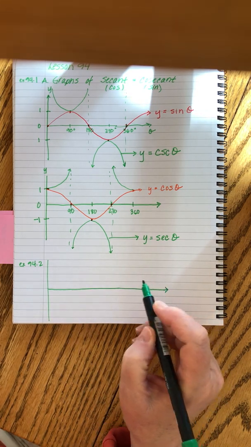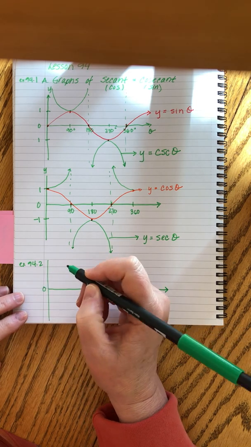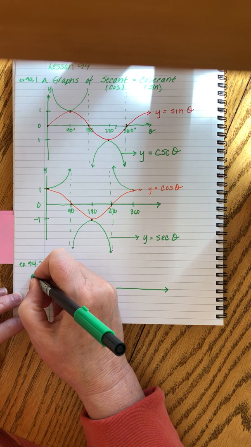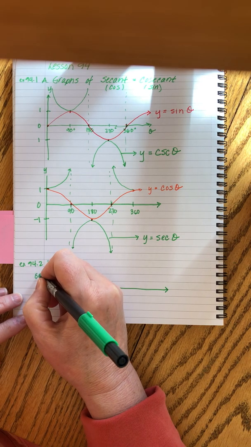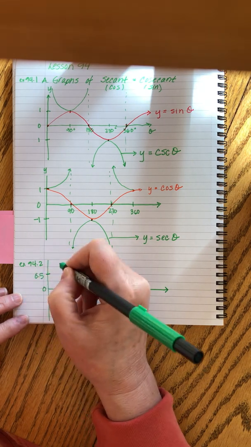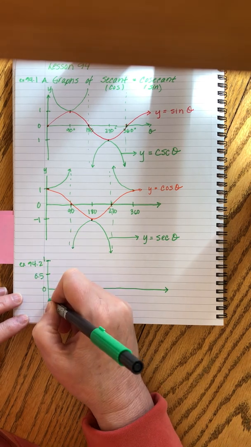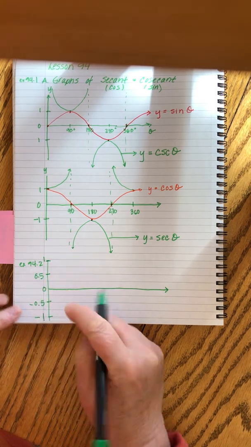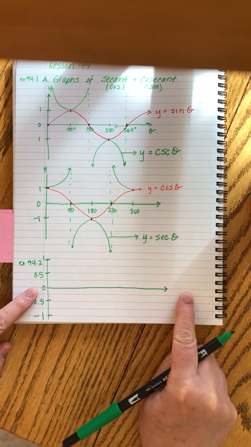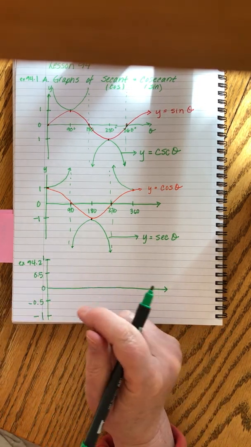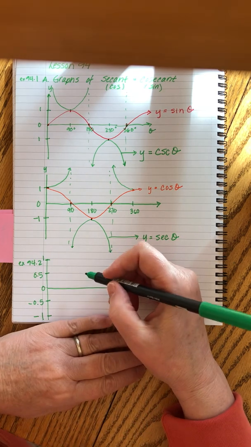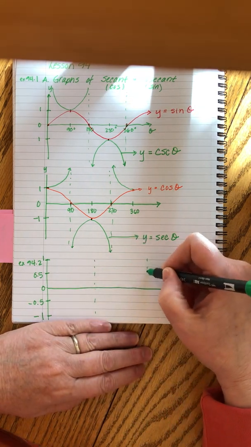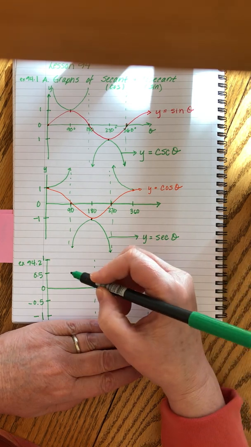All right, this time we have a little bit of drama. Notice that our center line is still 0, but our amplitude has changed a little bit here. And here we go.